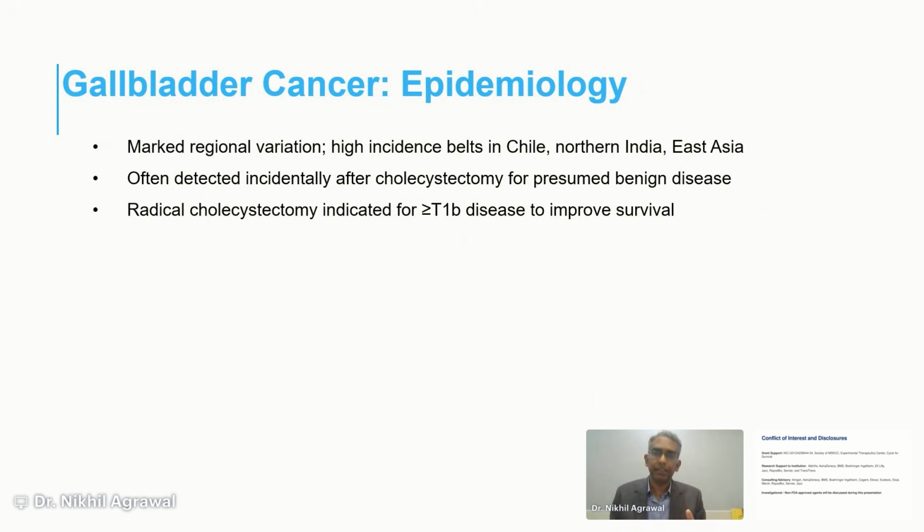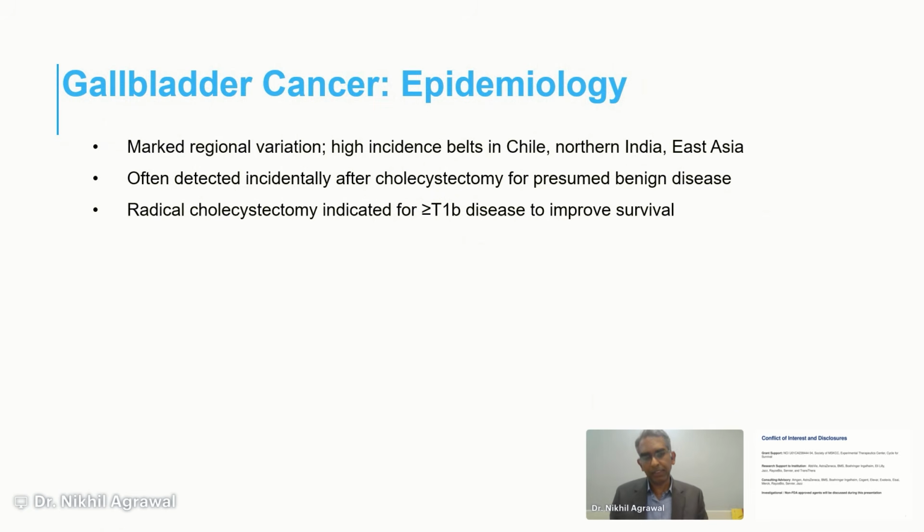I stay in Delhi, in North India, and this is where you see a lot of gallbladder cancers. So is the case in Chile. It is also detected when somebody undergoes surgery for benign gallbladder disease, that is gallstone disease, and almost 1 to 2% of these patients will be detected to have a cancer.